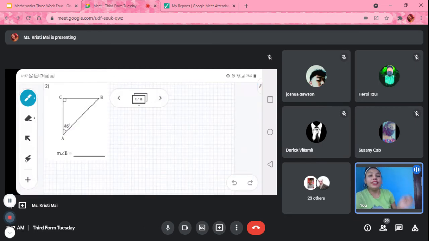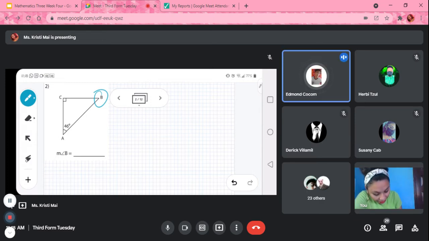Number 2 has 46 degrees being angle A. You have a right angle at angle C, and then we are looking for the magnitude of angle B. What am I going to be doing here in this case? 46 degrees plus 90 degrees. Very good.